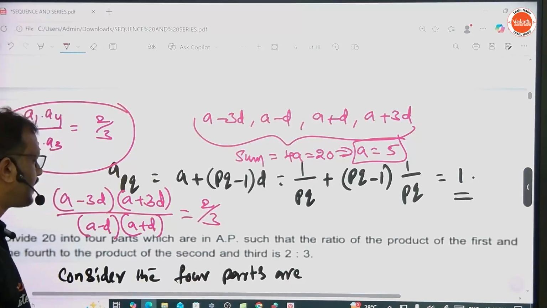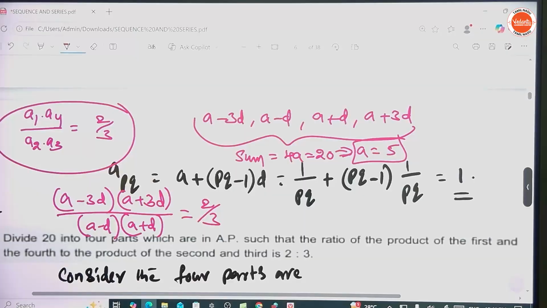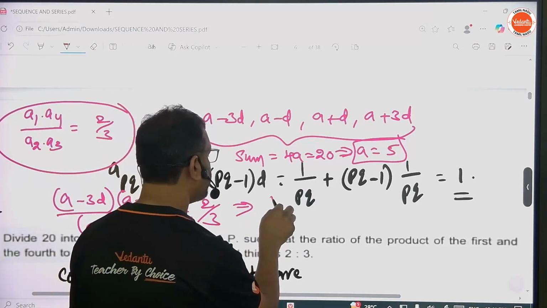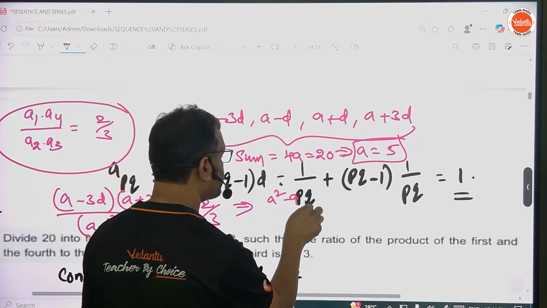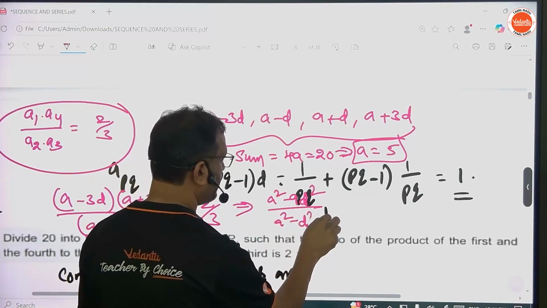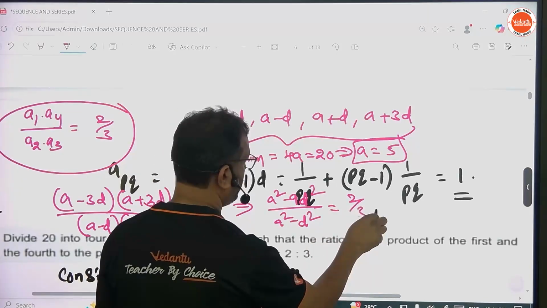Just substitute the A value, no need for squaring. In the (A plus B) into (A minus B) format, A square minus 9D square by A square minus D square equals 2 by 3.